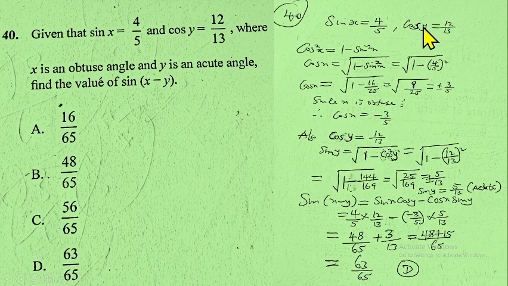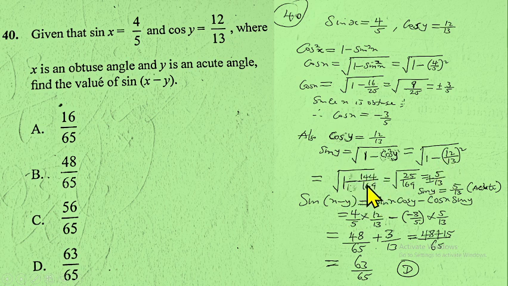Also, we are given that cos y is equal to 12/13. You can do the same thing here: sine square y is 1 minus cos square y, so sine y is the square root of 1 minus cos square y. Substituting cos y, you have the square root of 1 minus 12/13 squared. Simplifying further, we get 1 minus 144/169.